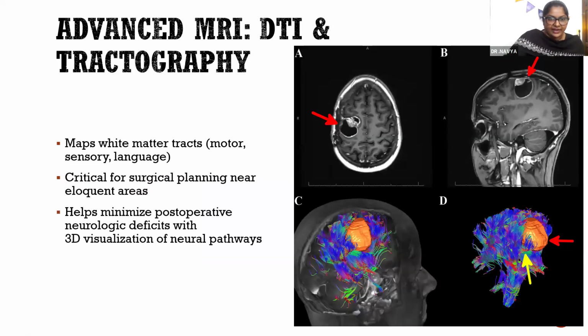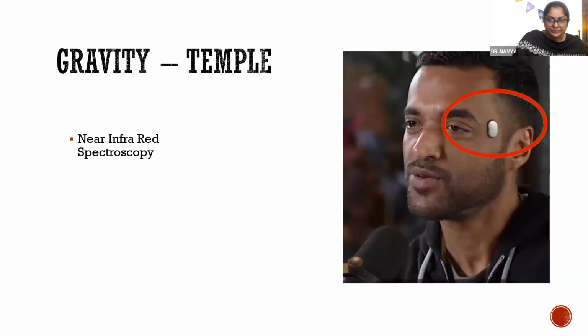So this is tractography. You see this. This is a 3D image showing the tracks. The visualization of the neural pathways is seen with this, so that they will minimize the post-op neurological effects. And while doing the surgical planning, they will examine whether the critical areas are involved.